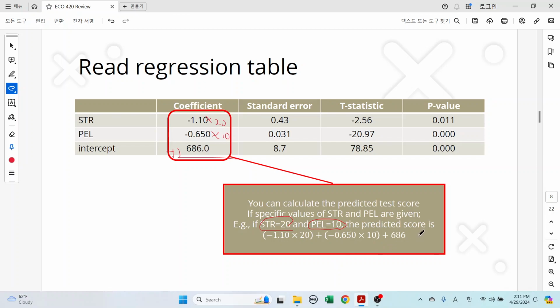Then you get the predicted y hat. That is the prediction, which is pretty simple. Frankly, you can do it without a calculator, but just to make sure, you will need one.